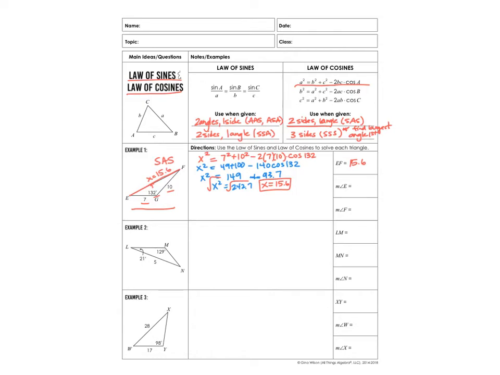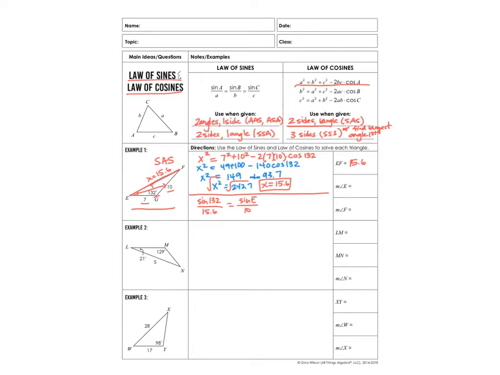So let's use sine 132, because that's the only angle we have. Its corresponding side is 15.6. And let's find E first. So the sine of angle E, and its corresponding side is 10.